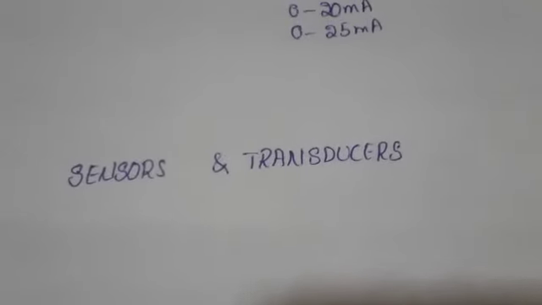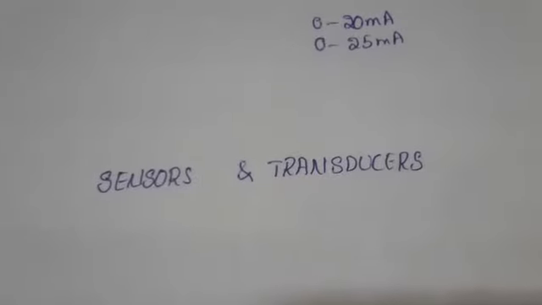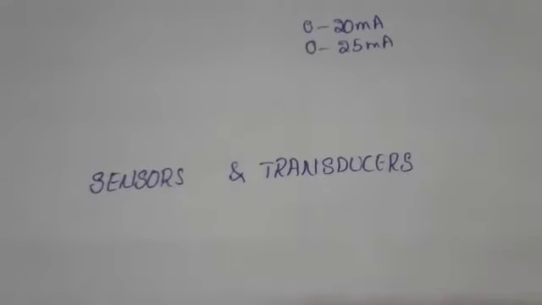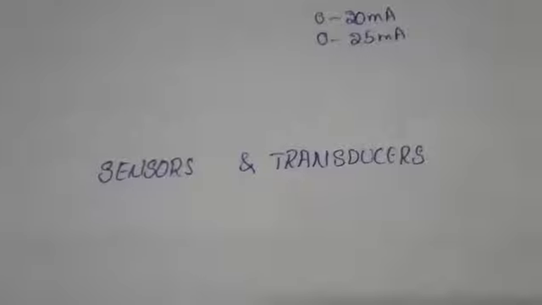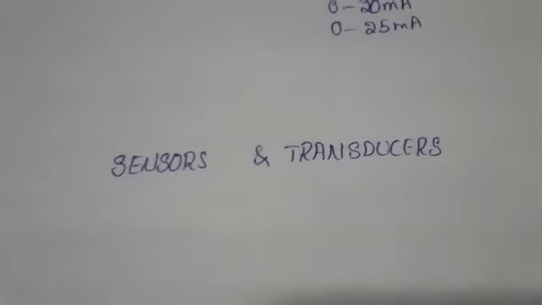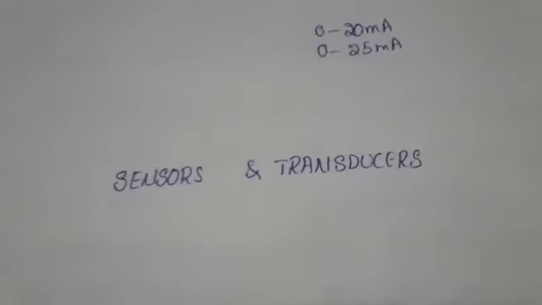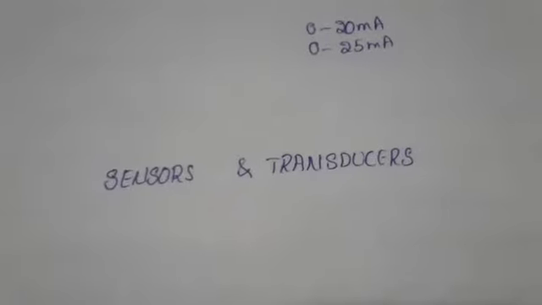Now again, these transducers can be divided into two types: primary transducers and secondary transducers. Primary transducers convert physical quantities into mechanical motion and displacement.